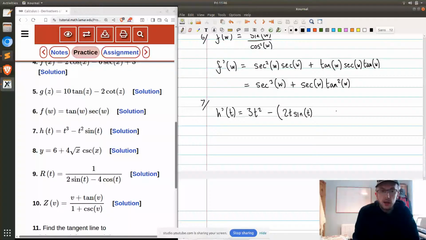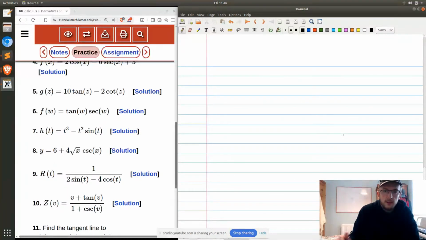Differentiate the second one and leave the first one alone. Just like that. Now for the eighth one.